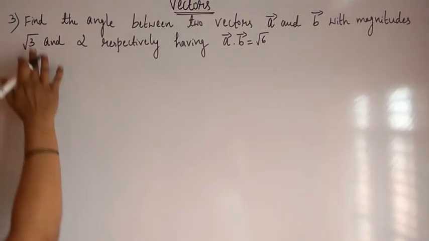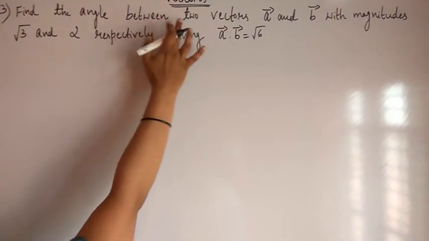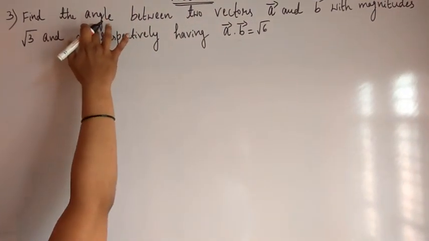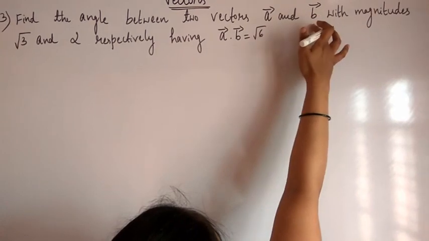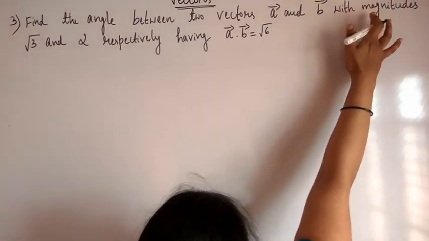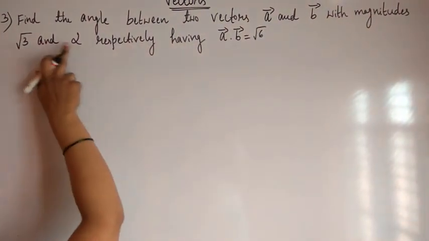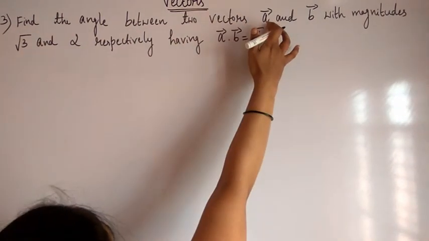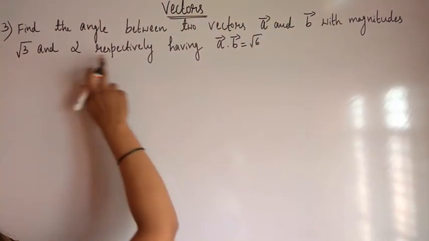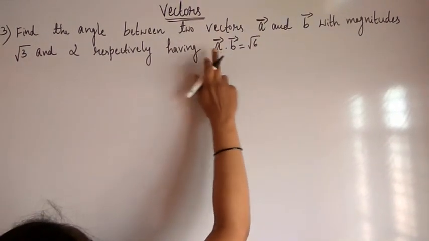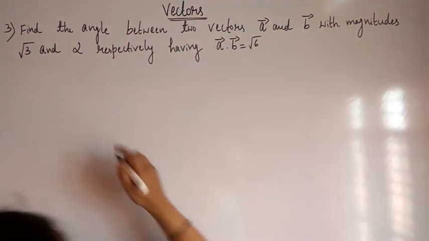So next one, find the angle between two vectors. Angle means we have to find theta. Okay. So given vector A and vector B are two vectors with magnitudes root 3 and 2. So magnitude of vector A is root 3 and magnitude of vector B is 2 respectively, having the dot product root 6.